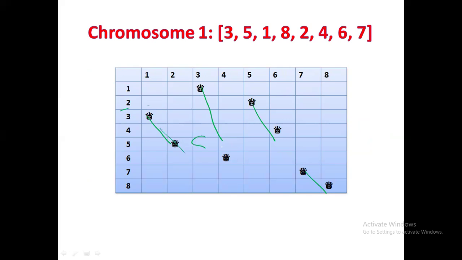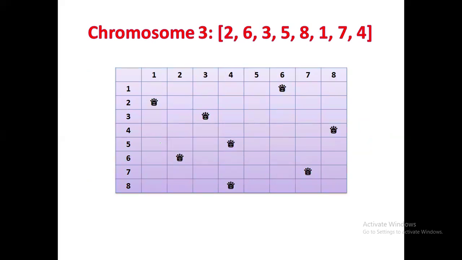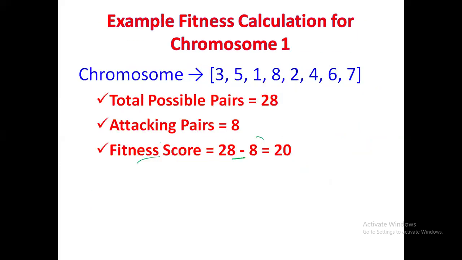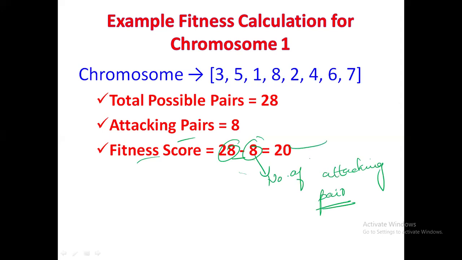All 8 are attacking with each other. So the fitness score is given by 28 minus 8. This 8 represents the number of attacking pairs. All are attacking with each other. So 28 minus 8, the value is 20.